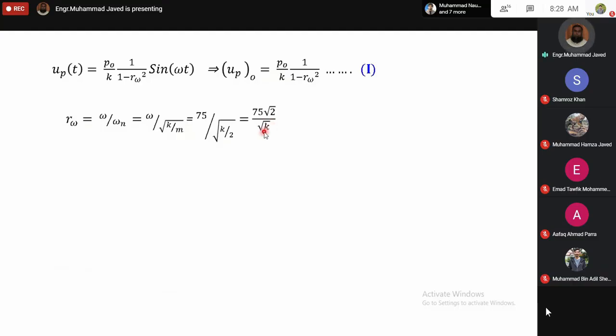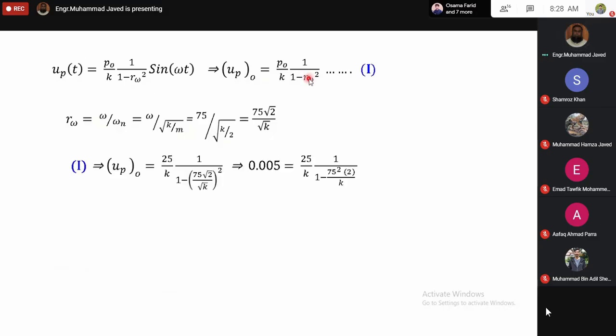If we substitute this value of r omega in equation 1, we have this equation which can be simplified to find the value of k, which comes out to be 16,254 Newton per meter.